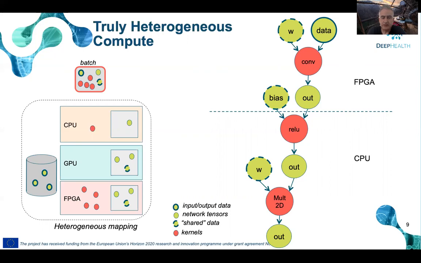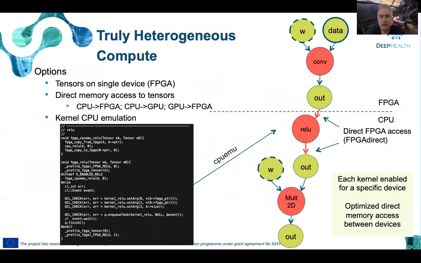So having this in mind, the way that we approach this intranode heterogeneous support is basically towards what we call the CPU emulation, for instance. And here you can see a piece of code where the ReLU activation function is implemented with support for both devices, for the FPGA, or in this case, for CPU support, but being compatible with the tensors that are located also on the DDR memories of the FPGA.